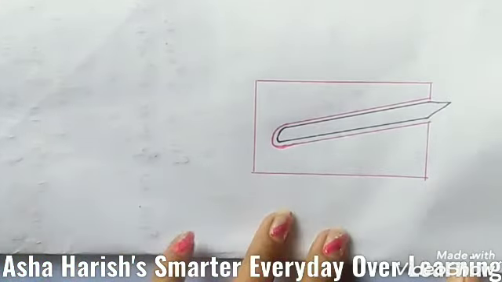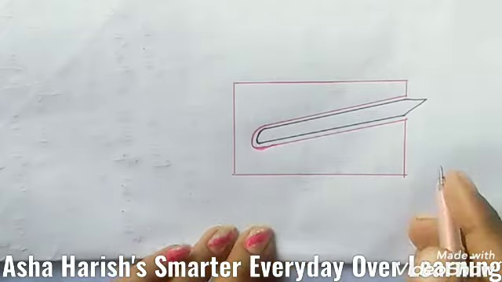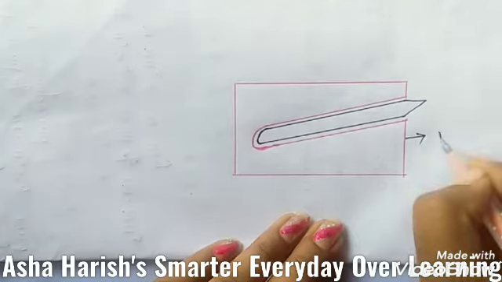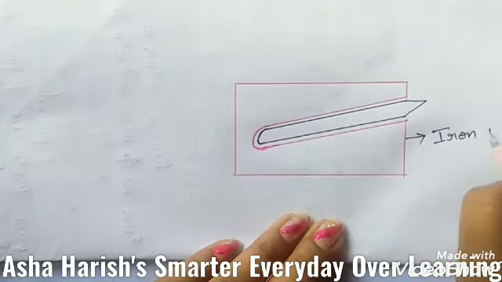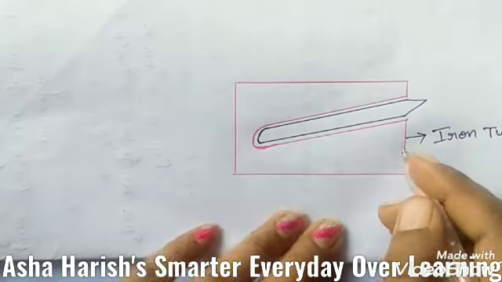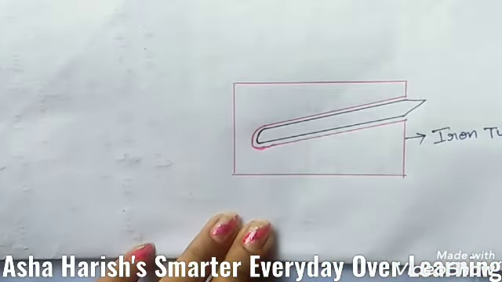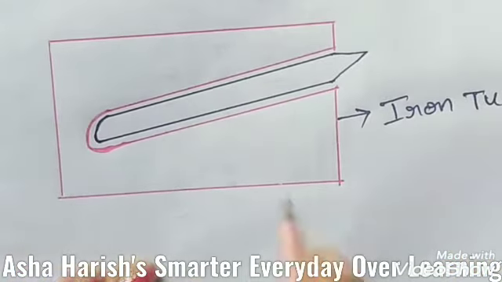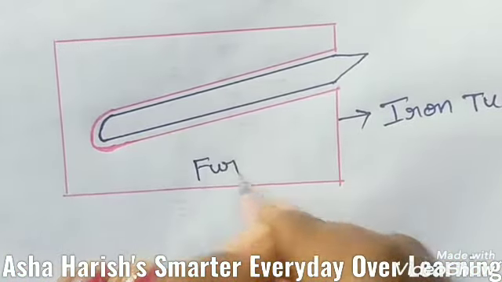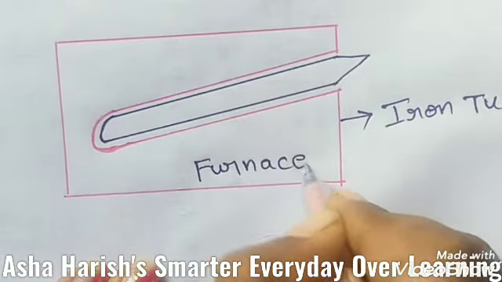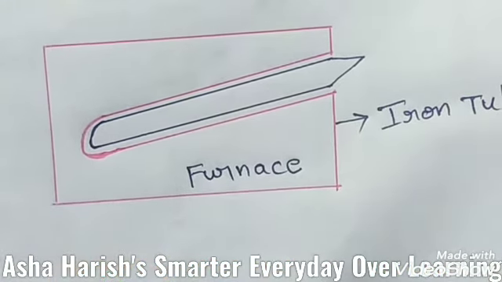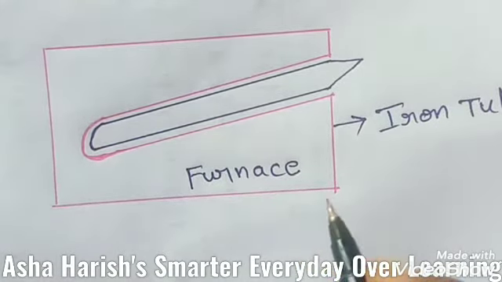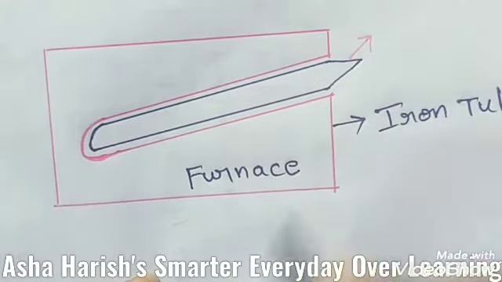Here I have drawn the diagram. This is the outside iron tube, and this is the furnace. Inside is the Carius tube, made of hard glass.